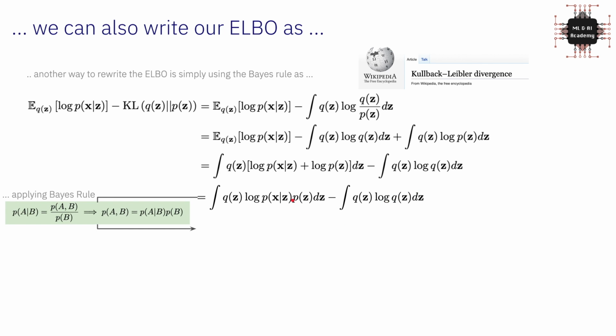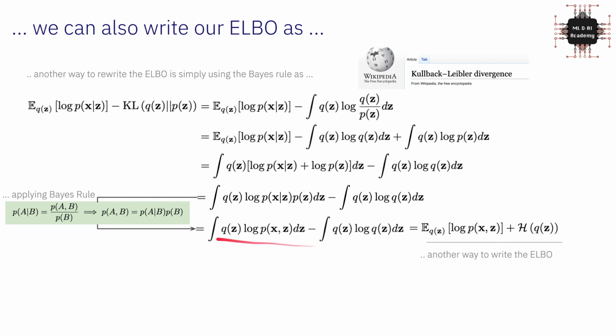Then we can apply the Bayes rule again here in order to get the following equation. However, before doing so, notice that log of P of X given Z times P of Z came from the fact that log of A plus log of B is log of A times B, and that's why it's P of X given Z times P of Z. Now using Bayes rule, we can write that as the integral of Q of Z log P of X and Z dz minus the integral of Q of Z log of Q of Z. That is the expectation over Q of Z of the joint plus an entropy term.